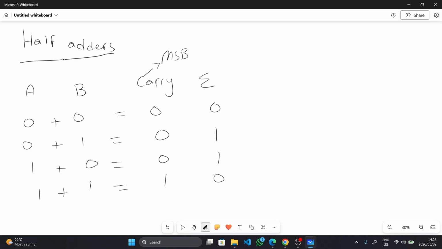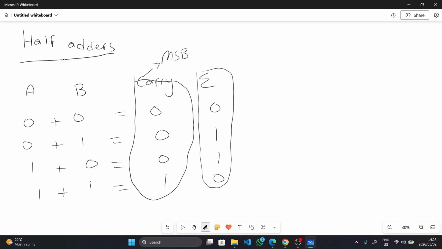Then our logic circuit for the half adder comes from these two outputs, our carry and our sum. Our carry is representing a logic gate. If you remember the truth table for an AND gate, that is what our carry is representing.